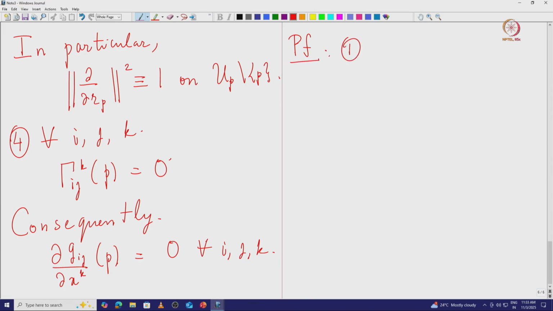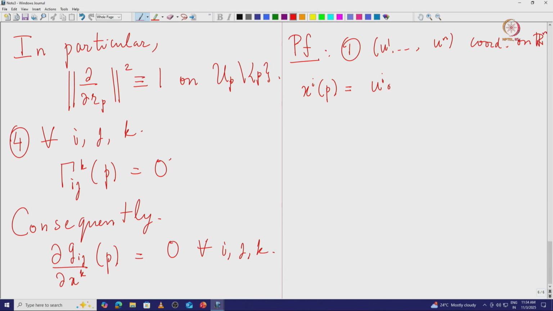So let us first prove part 1. So firstly, what is xi at P? Let u1 up to un be the coordinates on Rn. Okay.